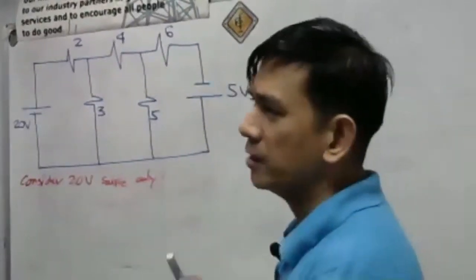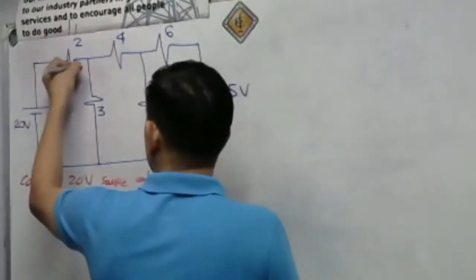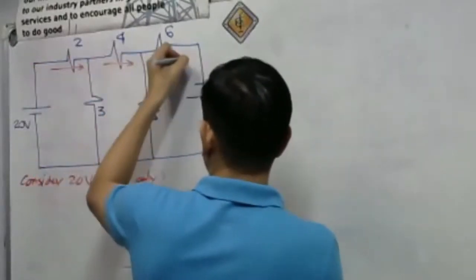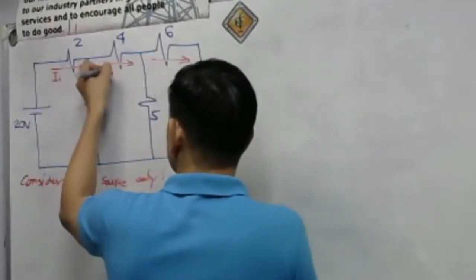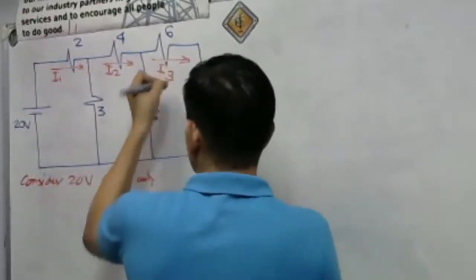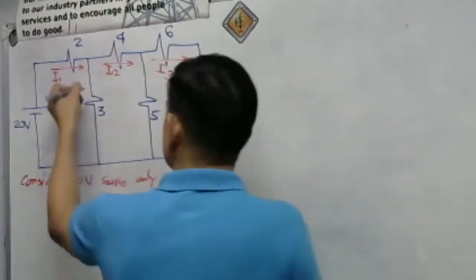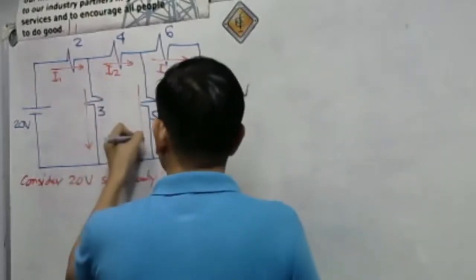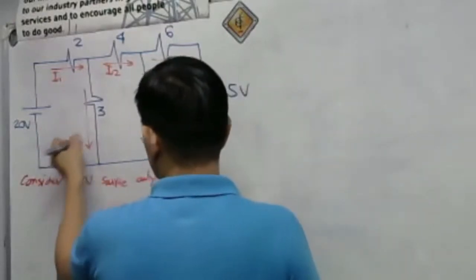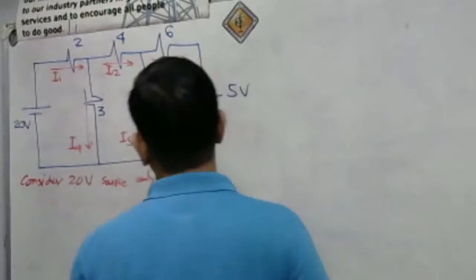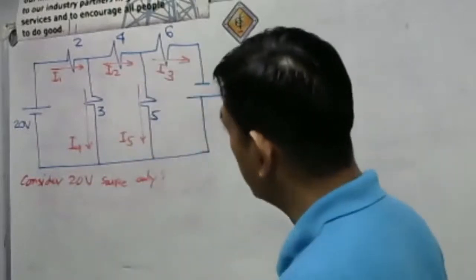Titingnan natin. Ito yung ating I1, I2, and I3. This is our I4, and this is our I sub 5. We will find I1, 2, 3, 4, and 5.